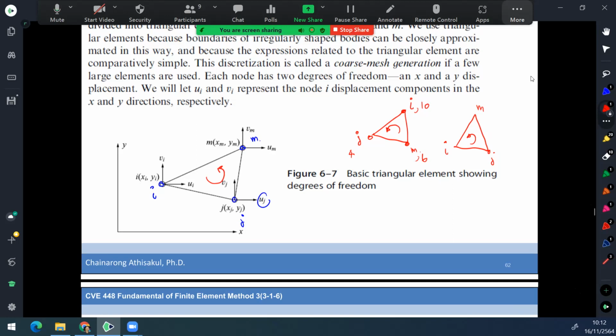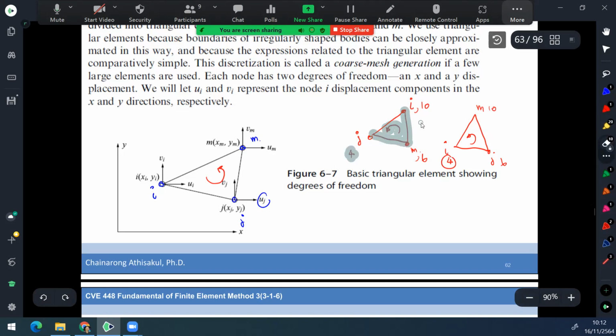For example, if we select node number 4 to be I, then for this element, node J should be 6, and node M should be 10. All right, okay. This is very important.